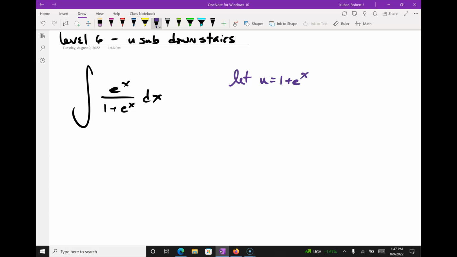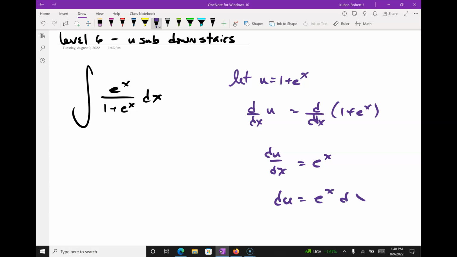What is the derivative of both sides? What is du dx? E to the x. So that means du is e to the x dx. Do I have an e to the x dx? Yep, right? So I've got 1 over u du.